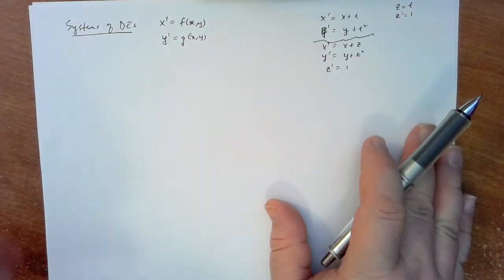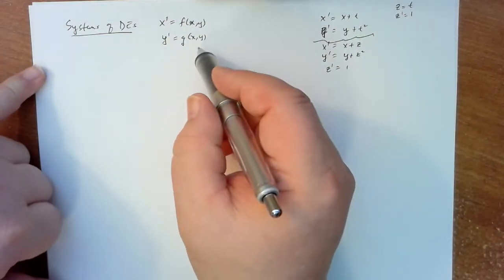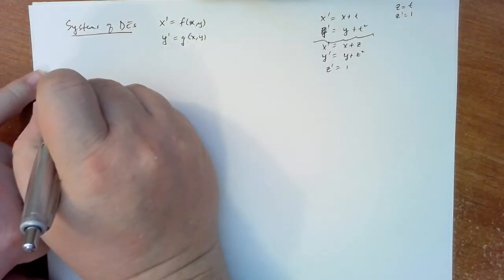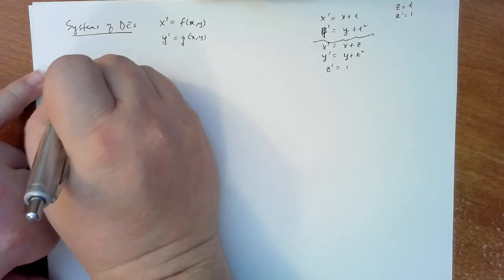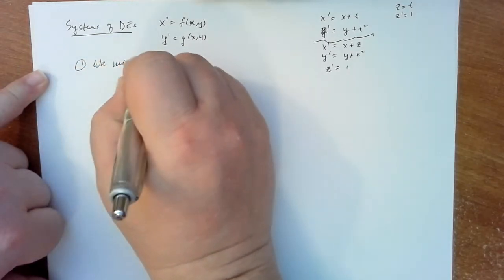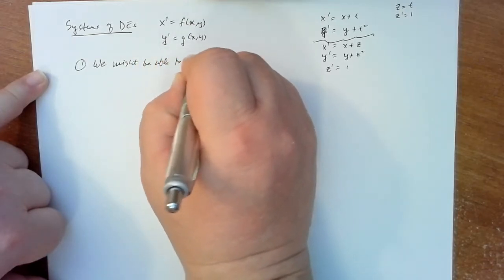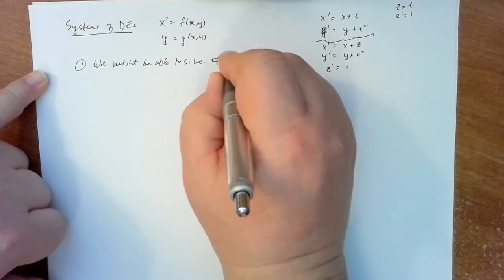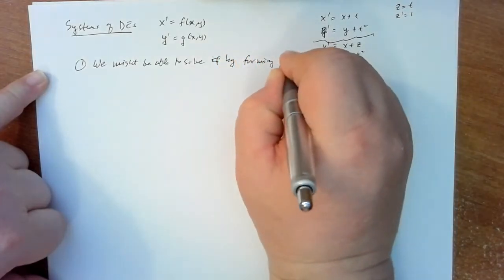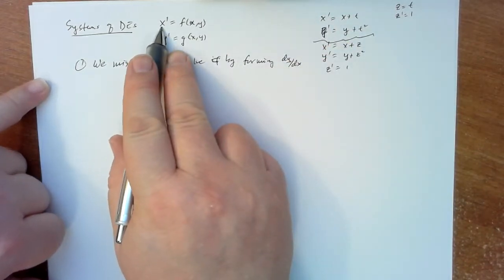Now how do we solve an autonomous system of differential equations? There are several methods to do this, some of which we already know. One, we might be able to solve by forming dy over dx instead of dy over dt and dx over dt.